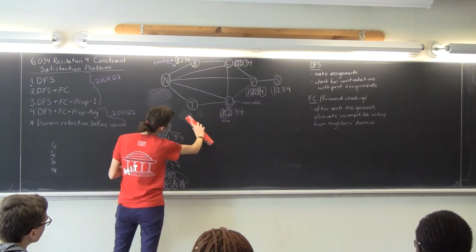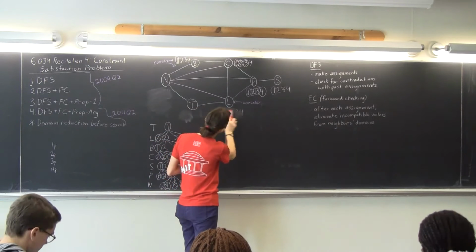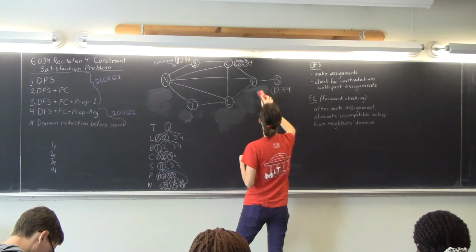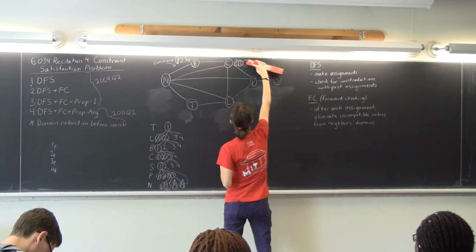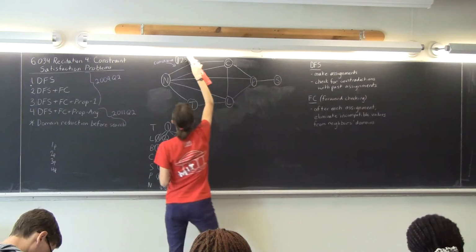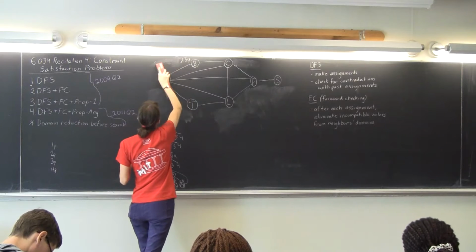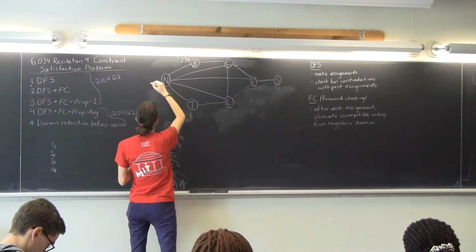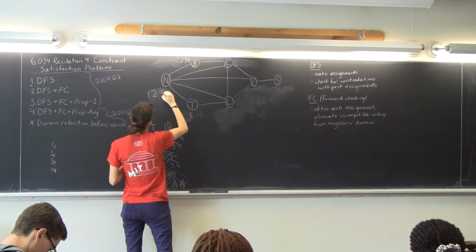We'll see if we can solve this problem faster with forward checking in addition to depth first search. So we'll do them in the same order. We'll start with Turing again.